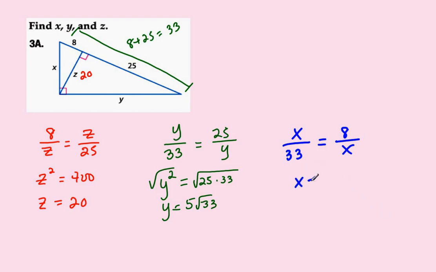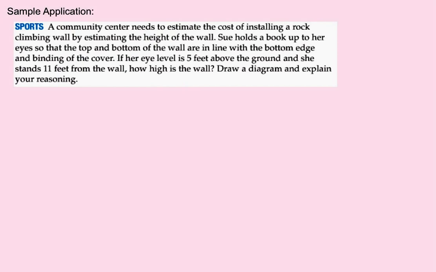So x equals the square root of 8 times 33. This is 3 and 11. This is 2 and 4. So x equals 2 times the square root of 66. And those are my exact values. Again, you could get those using Pythagorean theorem as well, but that's how you would use geometric mean in this sort of situation.